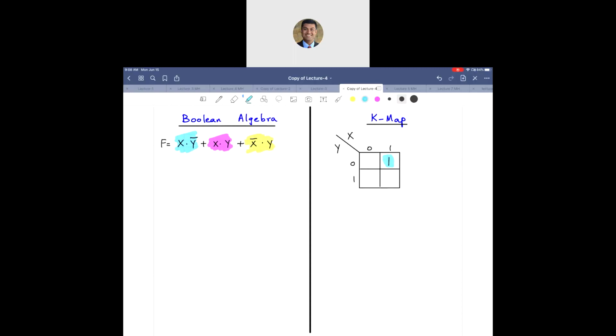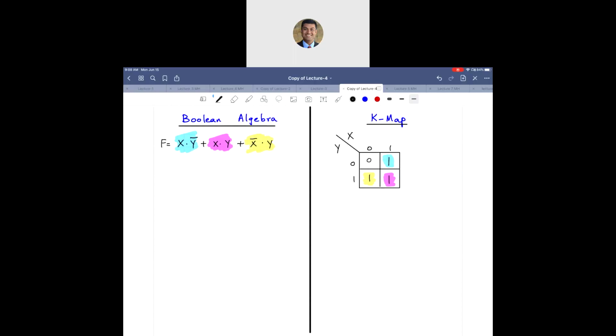Next, x is a 1, y is also a 1, right there. Next, x is a 0, y is a 1. So for those three terms, I have filled out the K-map. Now, when you do the K-map, what do you do? You are trying to group the ones, right? Okay. By the way, if it is empty, it is 0.